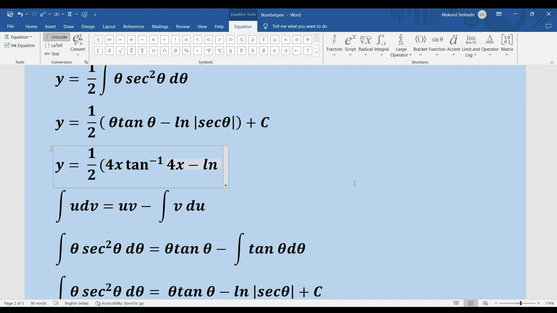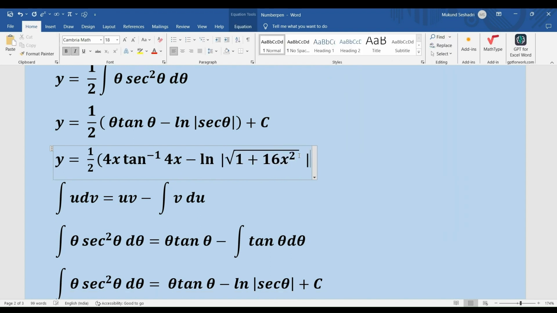This is where I want you folks to remember that secant square theta minus tan square theta equals 1, right? Which means my secant square theta is nothing but 1 plus tan square theta, which means, as my tan theta was 4x, my secant theta is nothing but the square root of 1 plus (4x) the whole square, which is nothing but 16x square, and then I have my constant plus c.